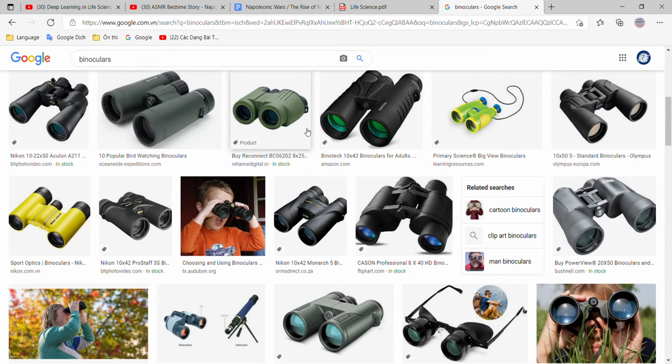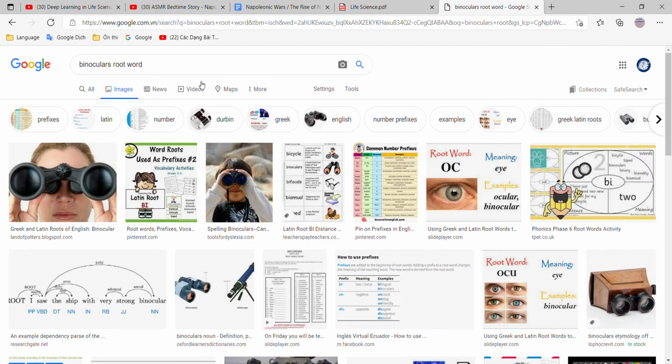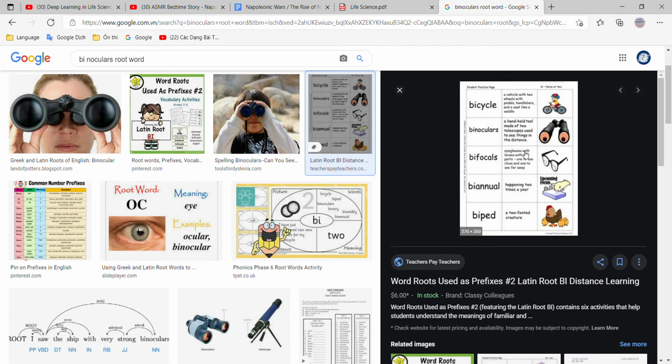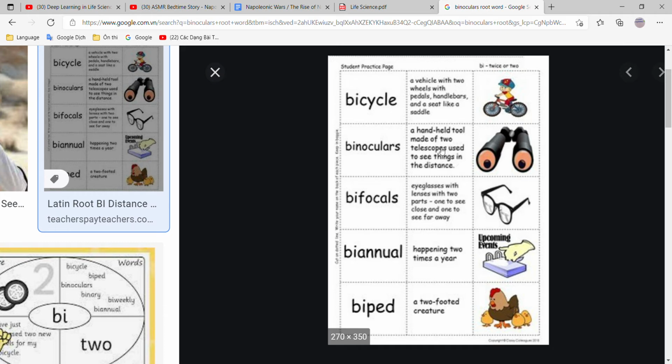Okay, we can analyze. Bi, I think, is because it has two of them. Oh, there we go. A handheld tool, a telescope to see things in the distance.